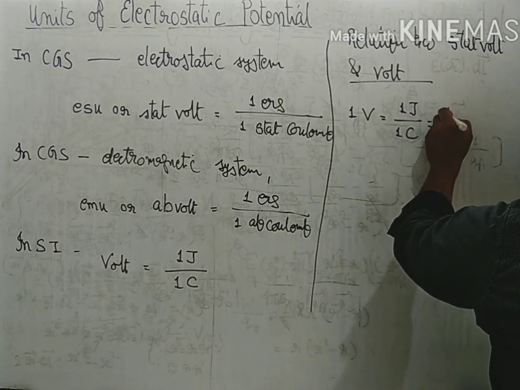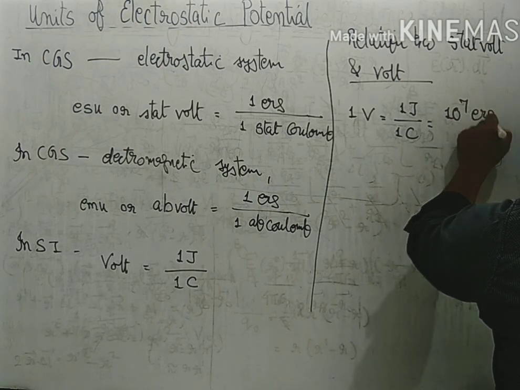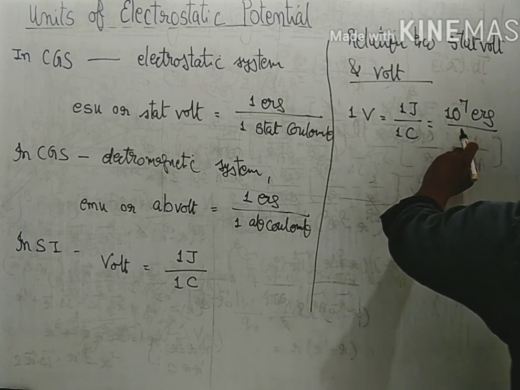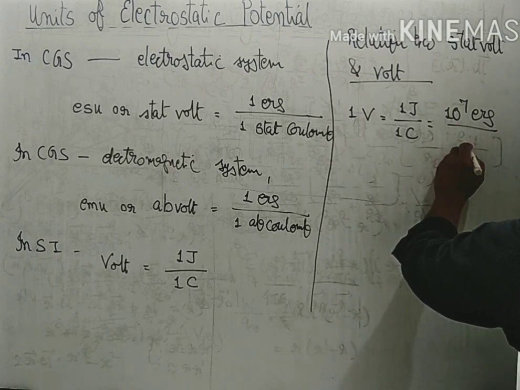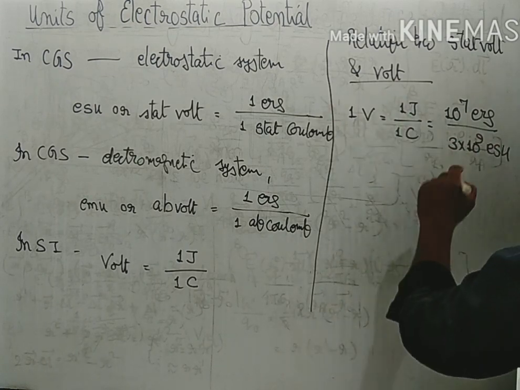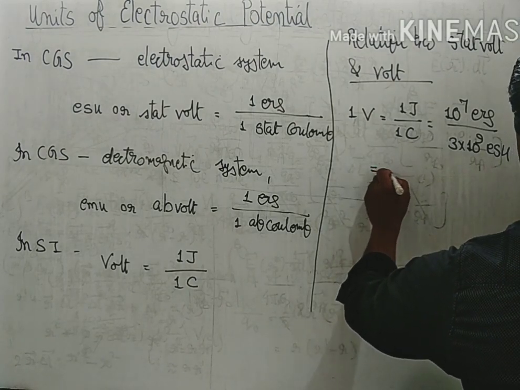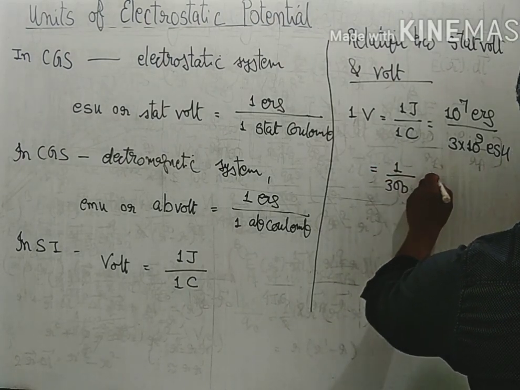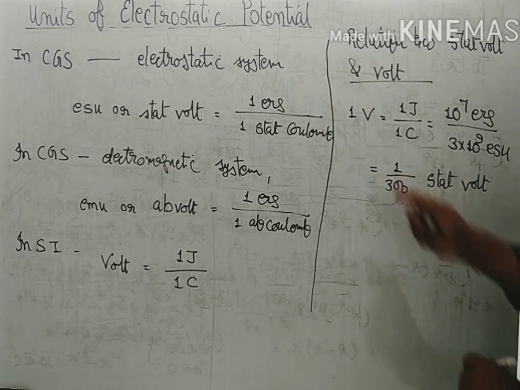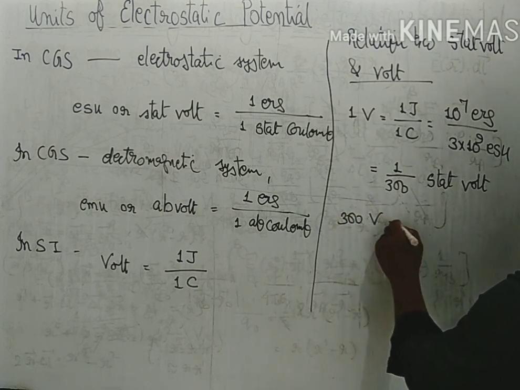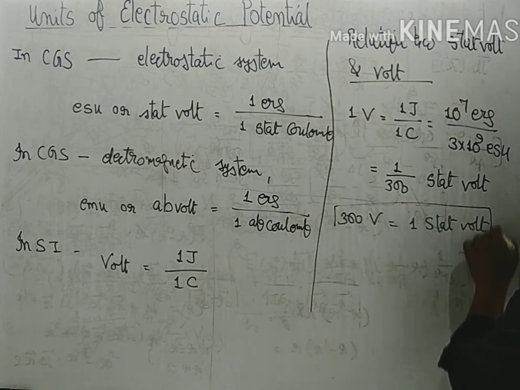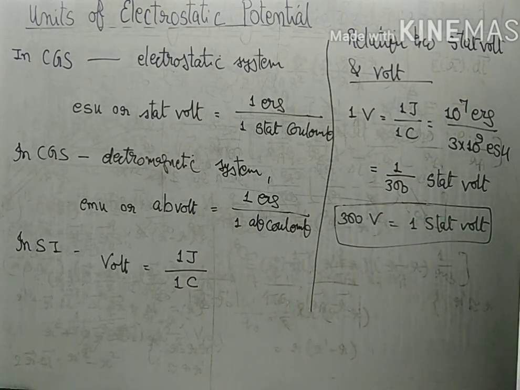So in 1 joule, how many ergs are there? 10 raised to 7 erg upon, in 1 coulomb, how many stat coulombs are there? So here you can write 3 into 10 raised to 9 ESU, electrostatic unit. So this finally gives you 1 by 300 stat volt. So just cross multiplying, 300 volts equal to 1 stat volt. So this is the relationship with us first.